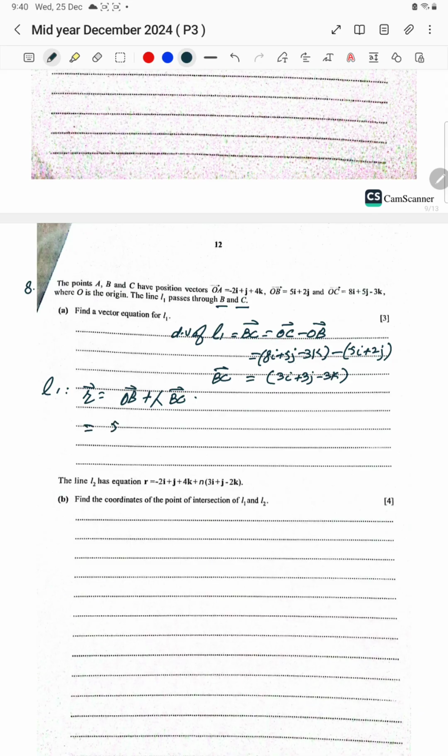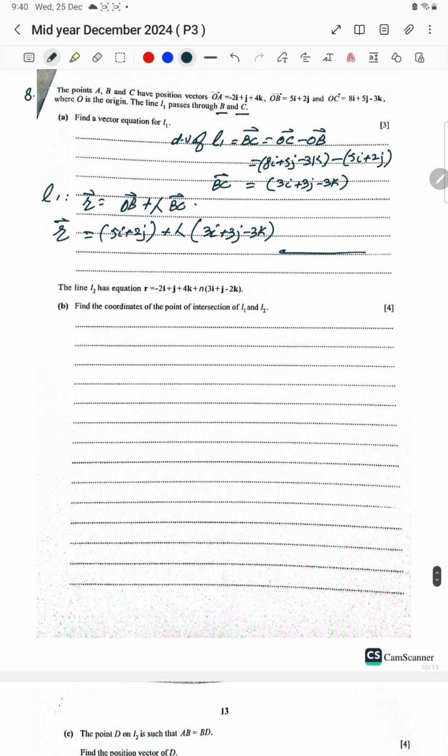OB is 5i plus 2j, plus lambda times 3i plus 3j minus 3k. This is the vector equation of the line. This is 3 marks. I hope it is clear.